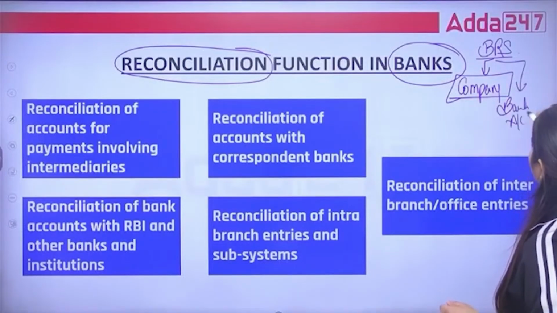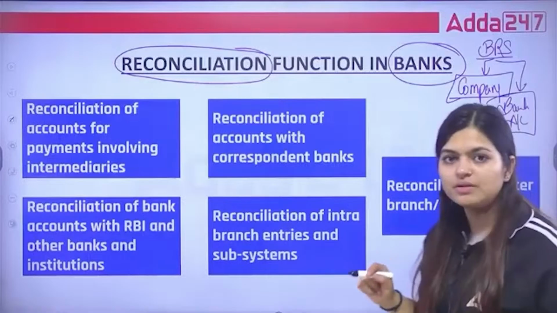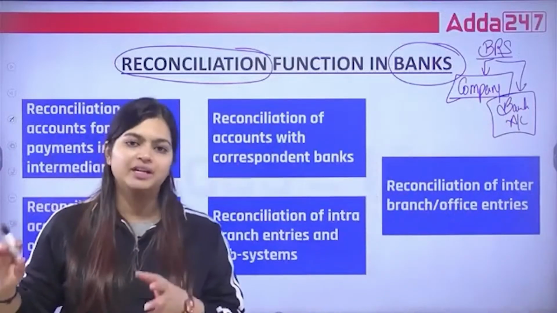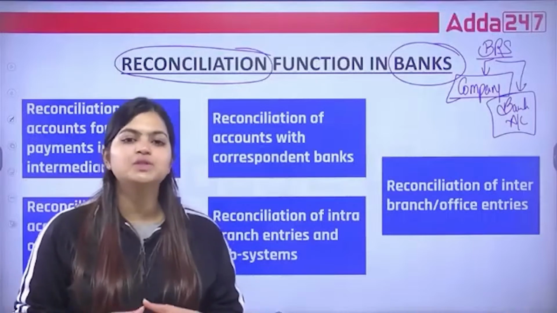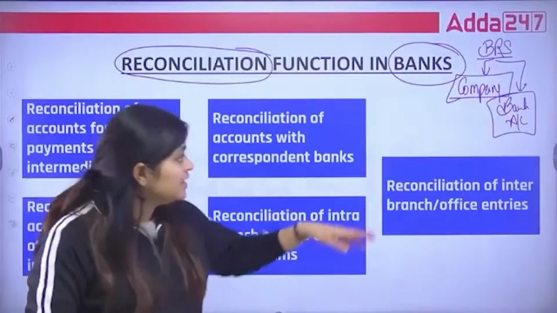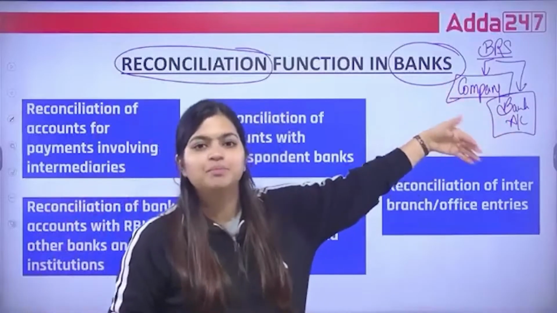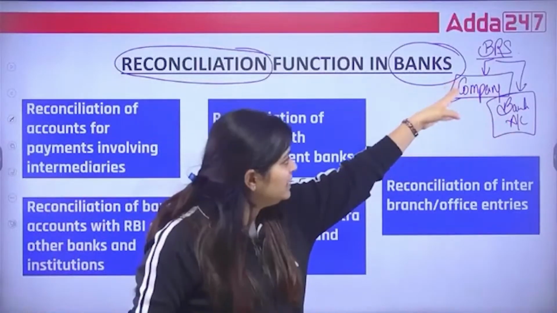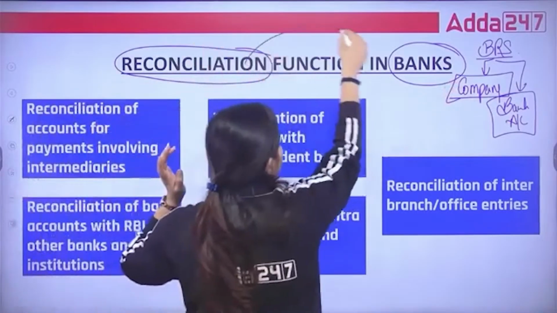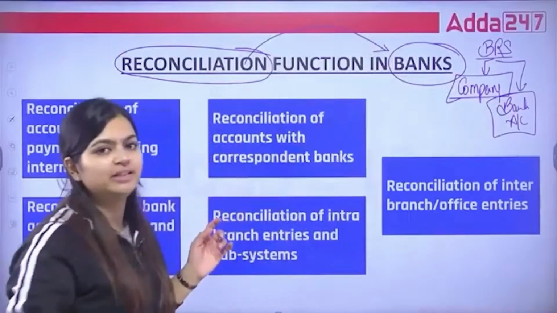Yes, we used to reconcile these two statements. So we have seen the company and bank reconciliation, but now we are going to see what reconciliations the bank prepares. This reconciliation is prepared by a company, but in this particular topic we are going to talk about the reconciliation which is prepared by the bank, not by the company.